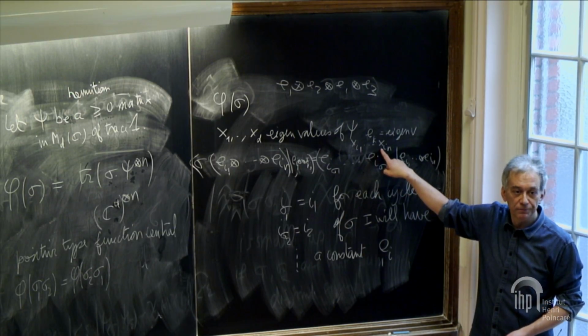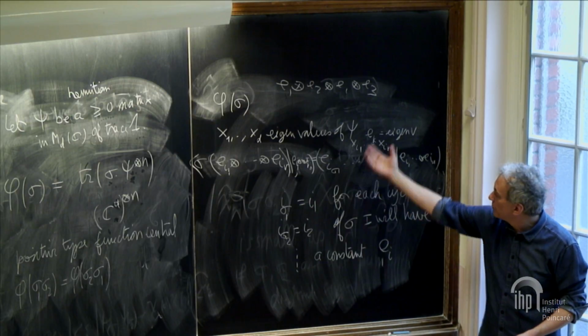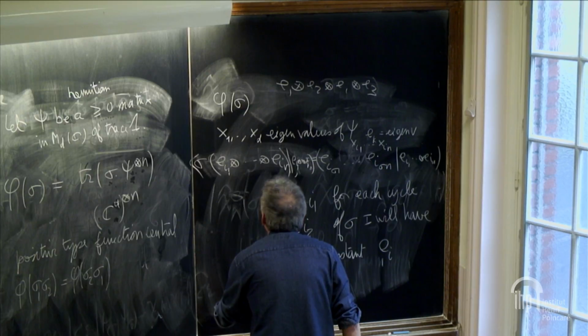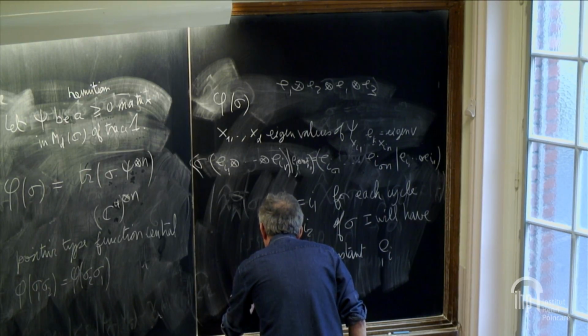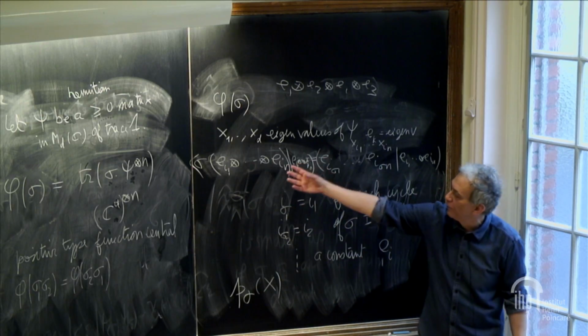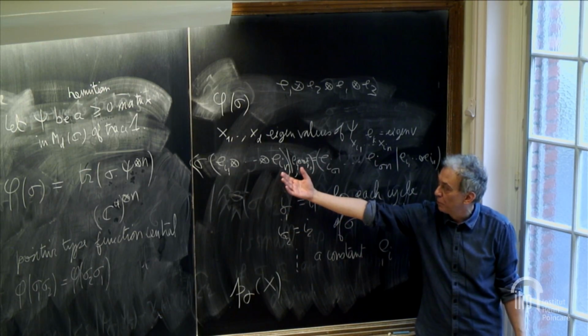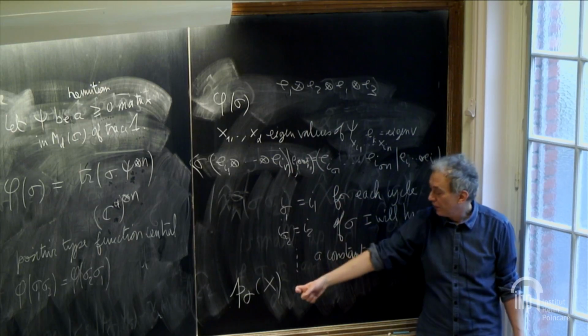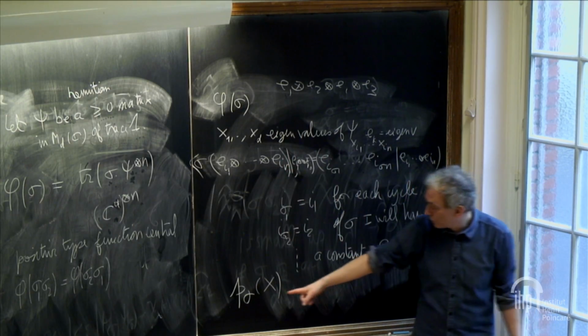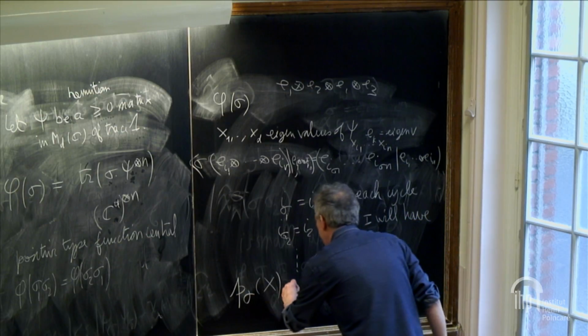Now I have to make the sum, and if you do the computation, you see that if you take the sum over all these bases of eigenvectors, the value of this trace is equal to p_sigma(x).